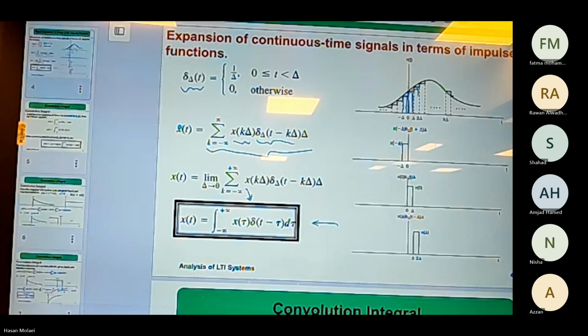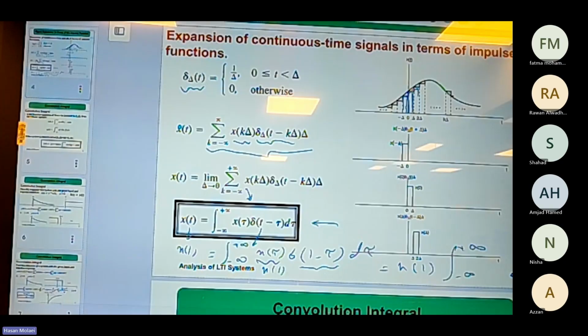Here you can see, for x1, suppose we want x1: the integral from minus infinity to infinity of x(tau) delta(1 minus tau) d tau. This delta is defined only at 1, which gives x1, a constant. I can take it out, and we only have the integral of delta(1 minus tau).